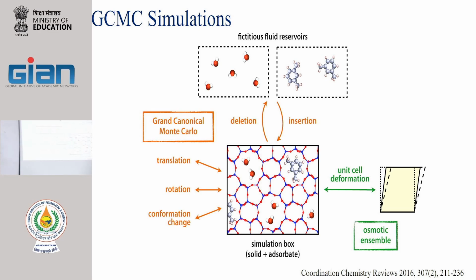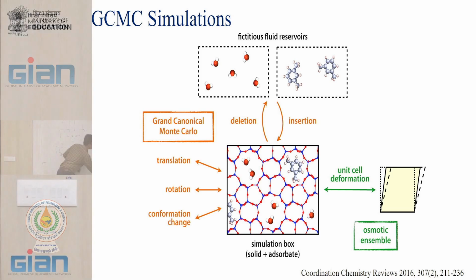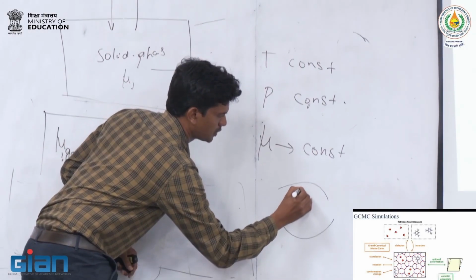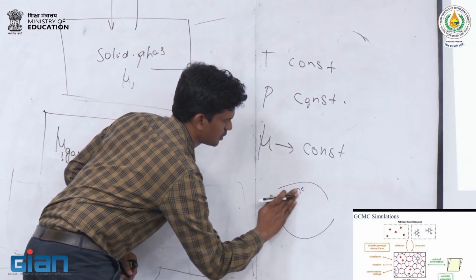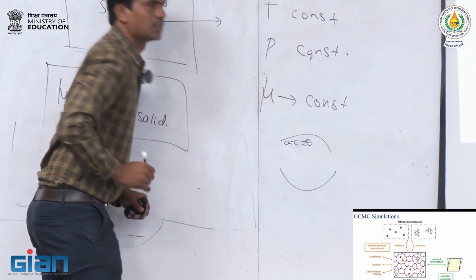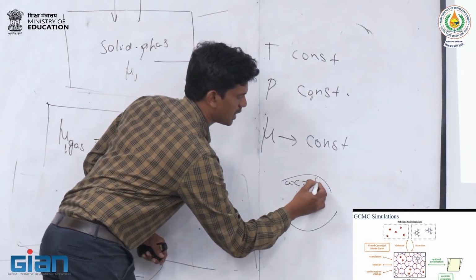So why this rotation is important is that, again as I said, whenever we have a pore something like this, right? So you have a CO2 molecule like this, and you rotate it, maybe the oxygen will come here.